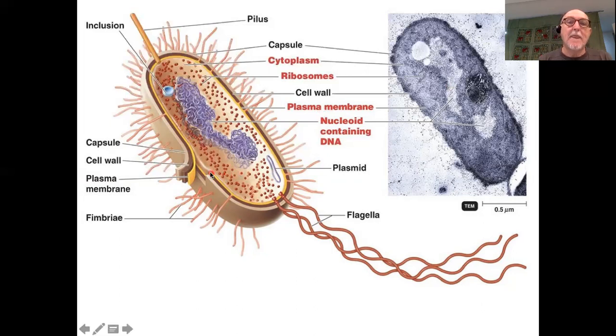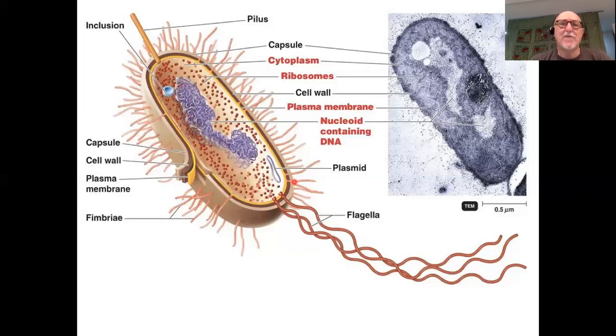So remember, here's the plasma membrane. Right on the outside of the plasma membrane, you can see here in deep brown, that is the cell wall. And the cell wall has some particular responsibilities.